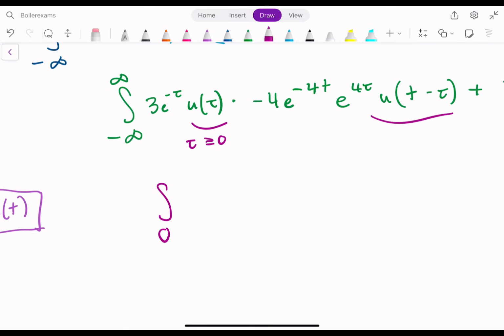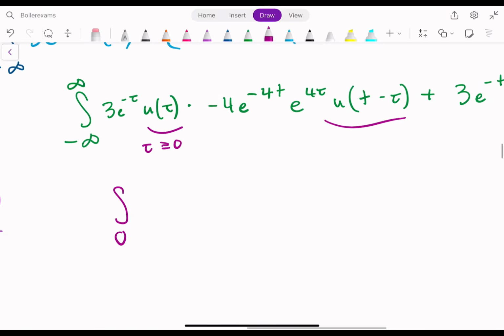So the lower bound goes to 0 by that unit step function. The second one is going to limit the upper bound, because tau needs to be less than t in order for this unit step function to return a value. Otherwise, it's going to be 0. And so that will set our upper bound to t. Within these bounds from 0 to t, both these unit step functions are equal to 1, and so we can just get rid of them from our expression.